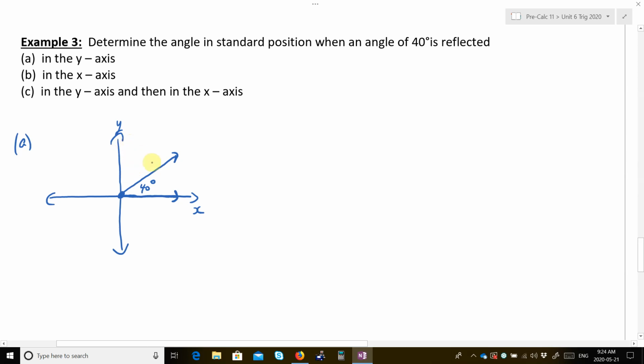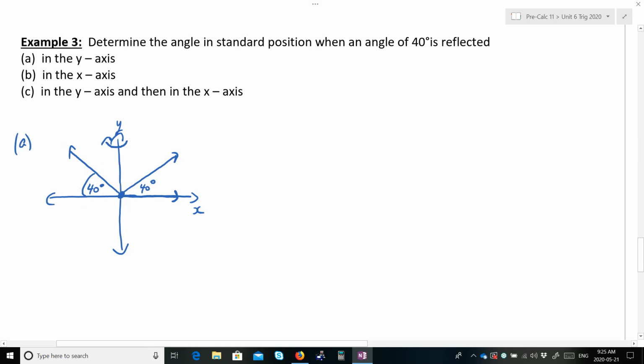Okay, so reflected in the y-axis means imagine taking that terminal arm and reflecting it over the y-axis this way. That would take that terminal arm and reflect it over the y-axis like that, and have the 40 degrees here.